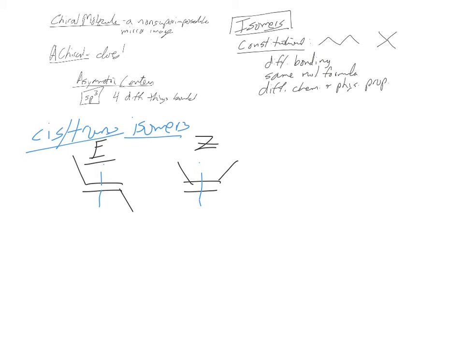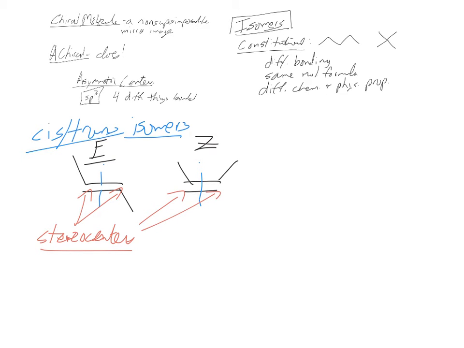This carbon and both these carbons of the alkene are actually, excuse me, not asymmetric centers, they're stereo centers. So these are stereo centers, and so are these 2 carbons.